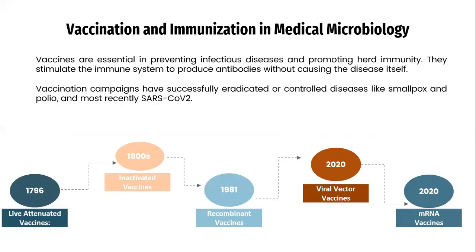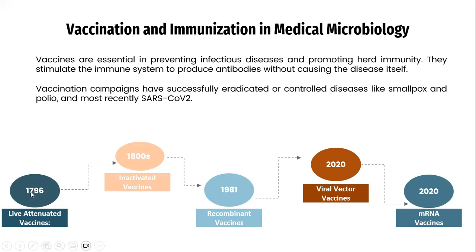So now for vaccination and immunization. We spoke about vaccines yesterday, but vaccines are essential for preventing infectious disease and promoting herd immunity. They stimulate the immune system to produce antibodies without causing disease itself. Vaccination campaigns have successfully eradicated or controlled diseases like smallpox, polio, and SARS-CoV-2 recently.